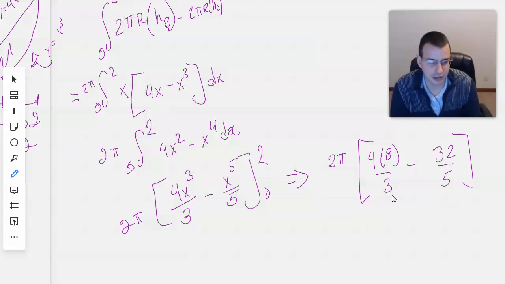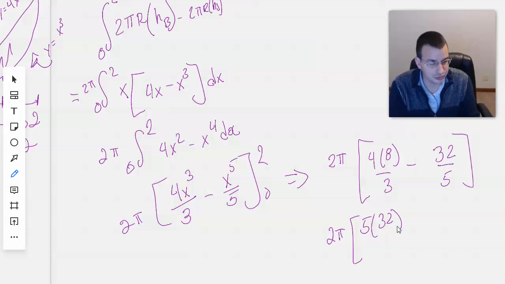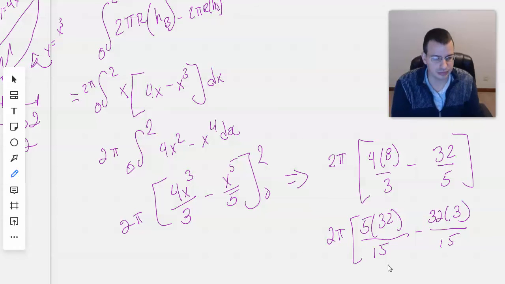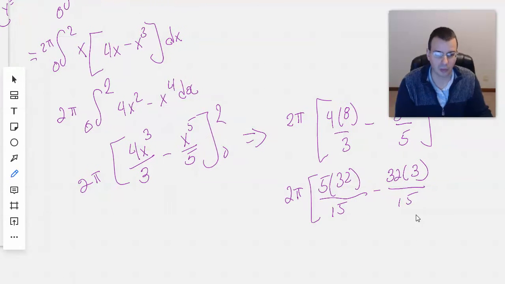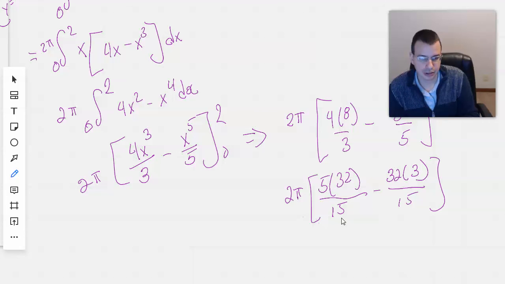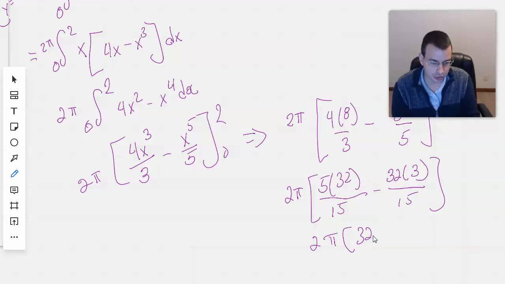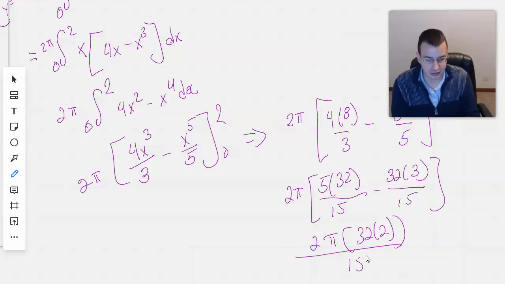Feels like there should be something easy here. Okay, multiply this one by 5, so I've got 2 pi times 5 times 32, 4 times 8, over 15, minus 32 times 3 over 15. So let's see here, I can do 2 pi, factor out the 32, 32 times 2, which is 5 times 4 minus 3, over 15.